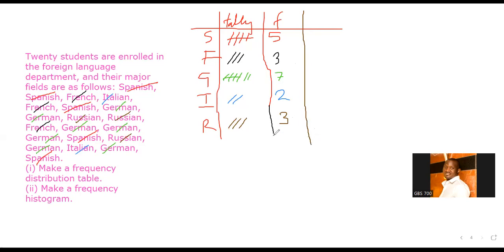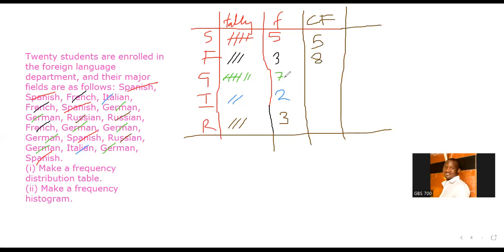So to prove that, we can come up with what is called a cumulative frequency. Cumulative frequency, we keep adding on. We start with a 5, add on the 3, we get 8, 8 add on 7, what do we get? 15, 15 add on 2, what do we get? 17, 17 add on 3, we get our 20.